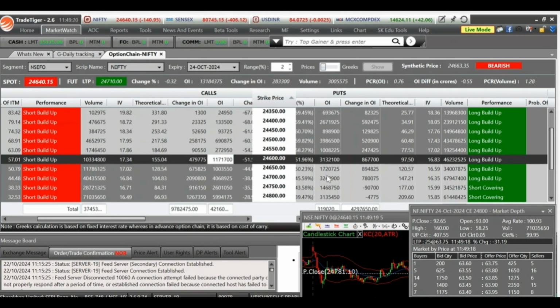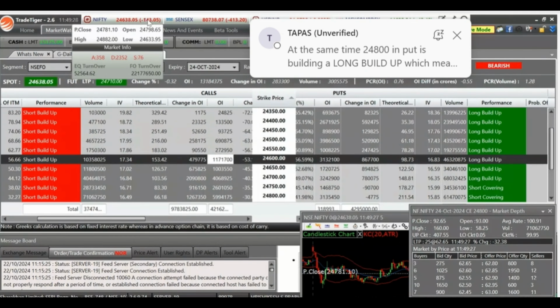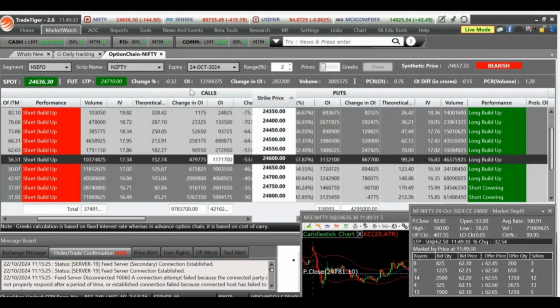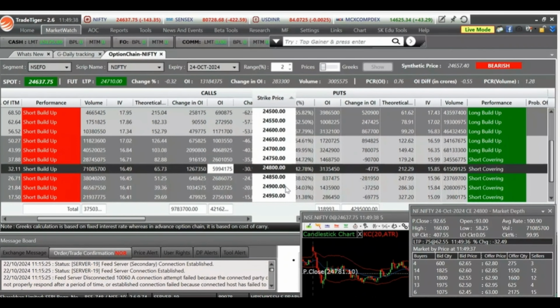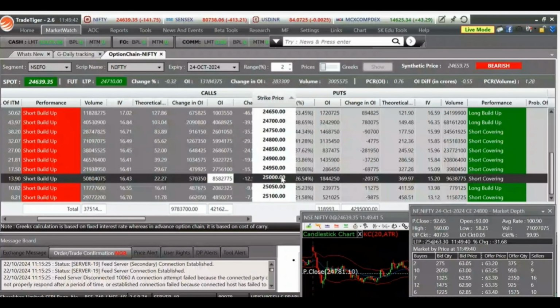It's more than 2%, and we have already moved 2%, but we can even go back to that as well. Okay, so 24,600 is where we are currently trading, by the way. 24,500 after that on the lower side is likely to act as a good support, and 24,800 and 25,000 are likely to act as very strong resistance, okay, when it comes to Nifty.